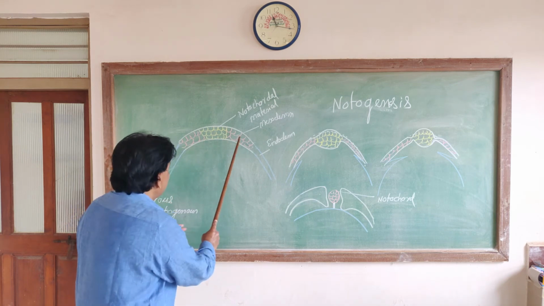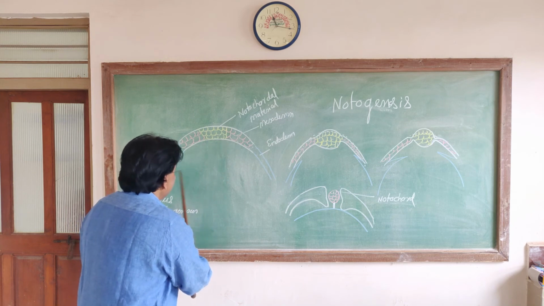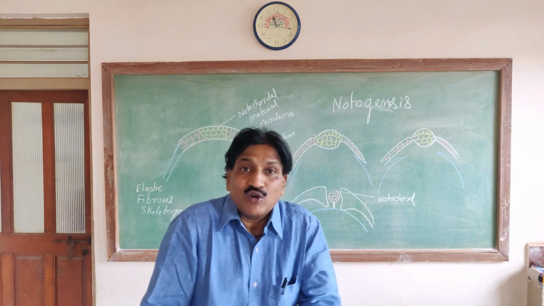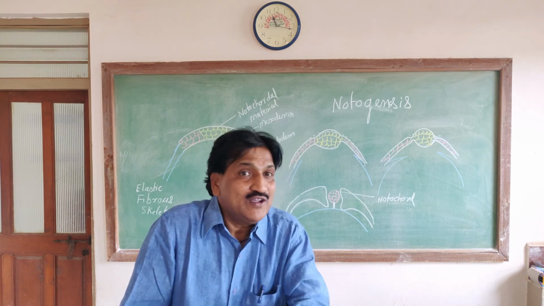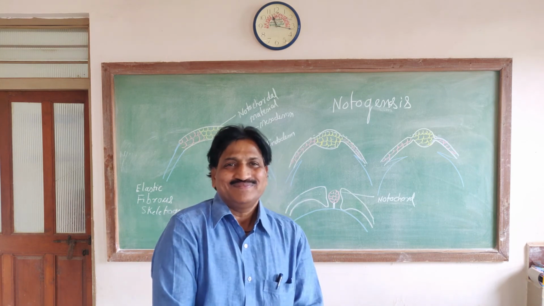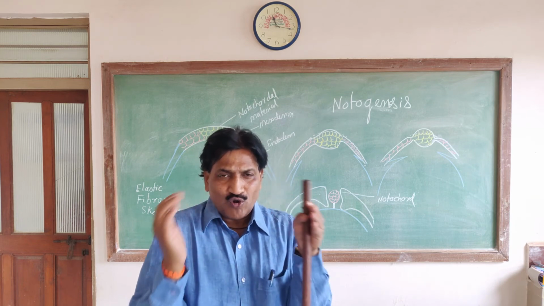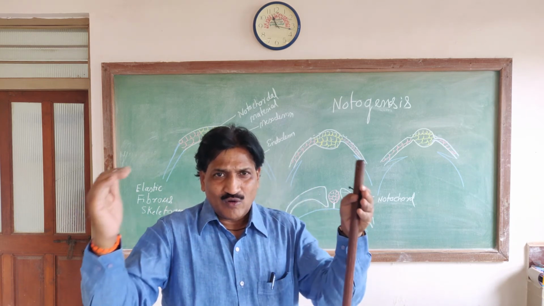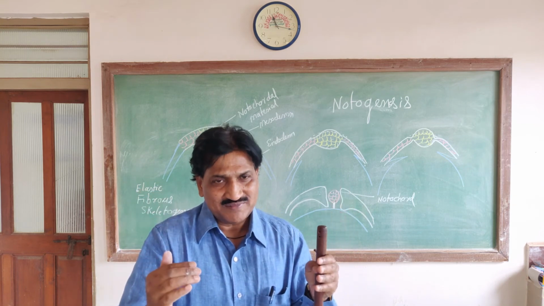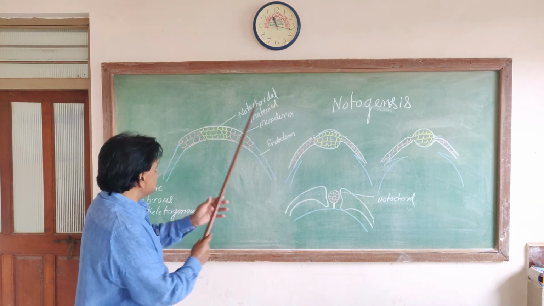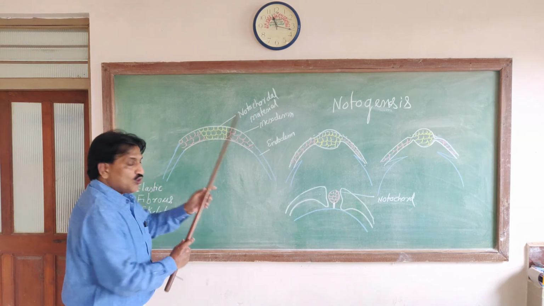On the dorsal side it is the mesoderm, and on the lower side, the floor, it is the endoderm. So the notochordal material is present with the mesoderm on one side and the endoderm on the other side.